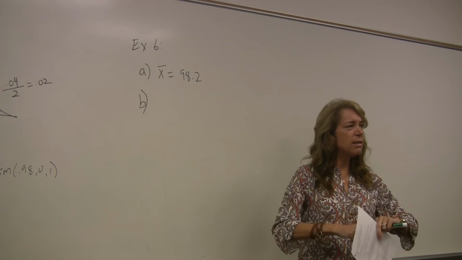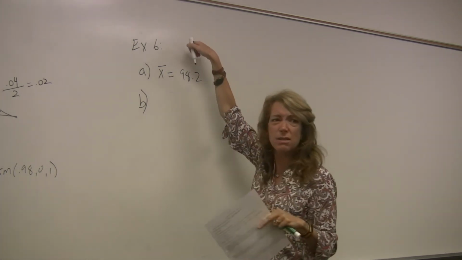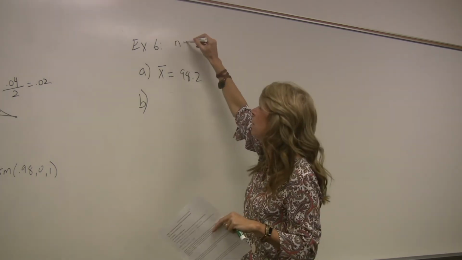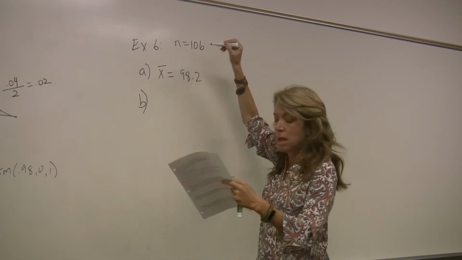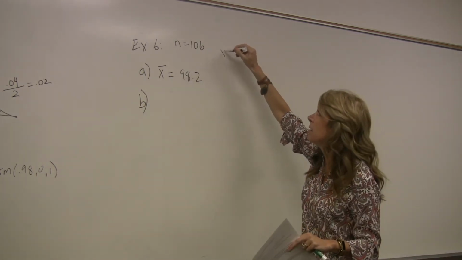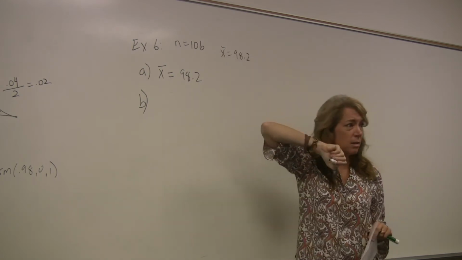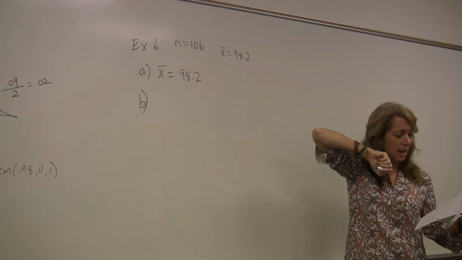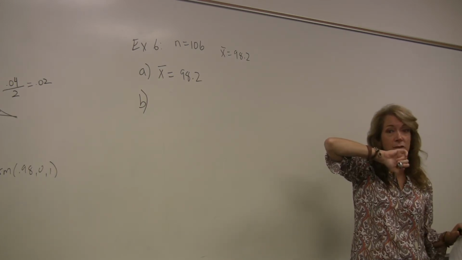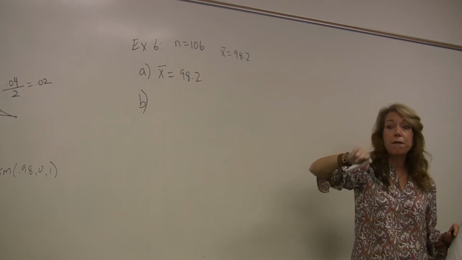Yeah, so let's talk about what they gave us maybe before we go any further. So the 106 is what in the problem? N. That's n. And the 98.2 I already wrote down was our X bar. We agree with that? What is the 0.62? It's the standard deviation. From where? From the sample.